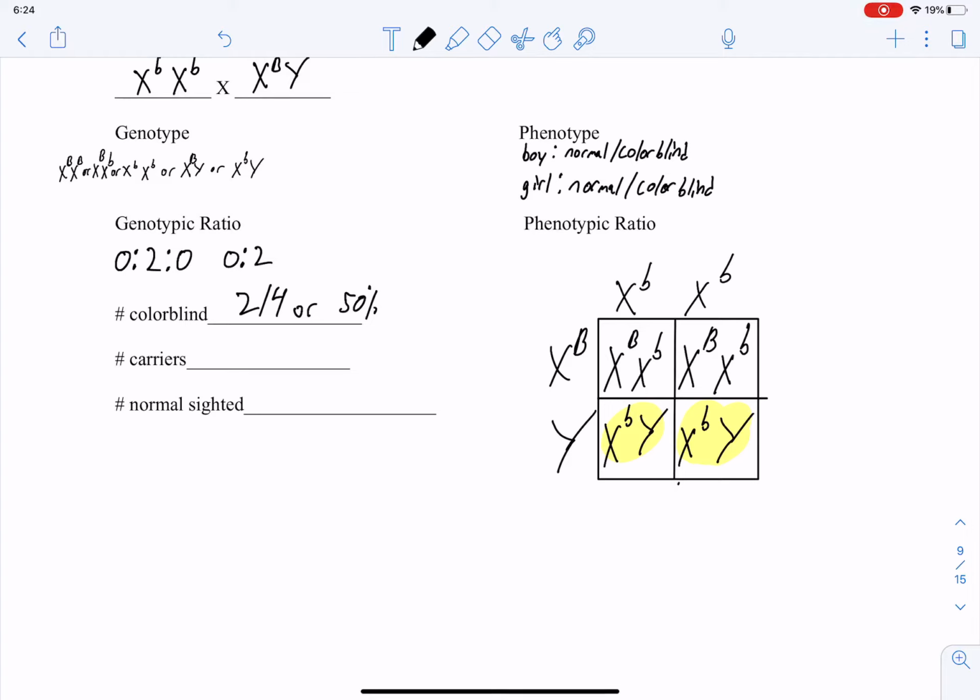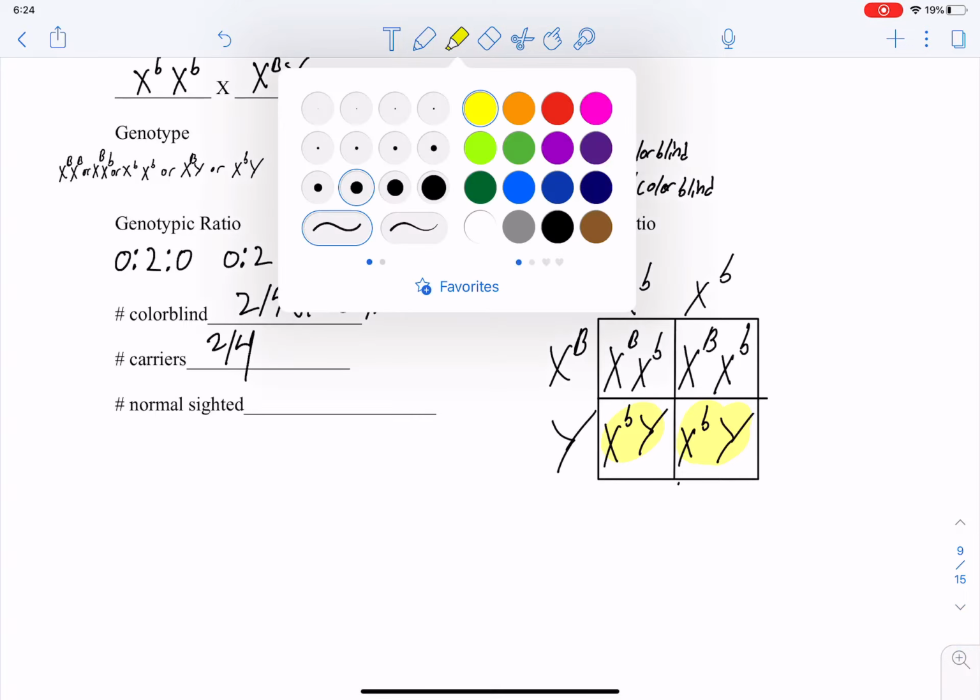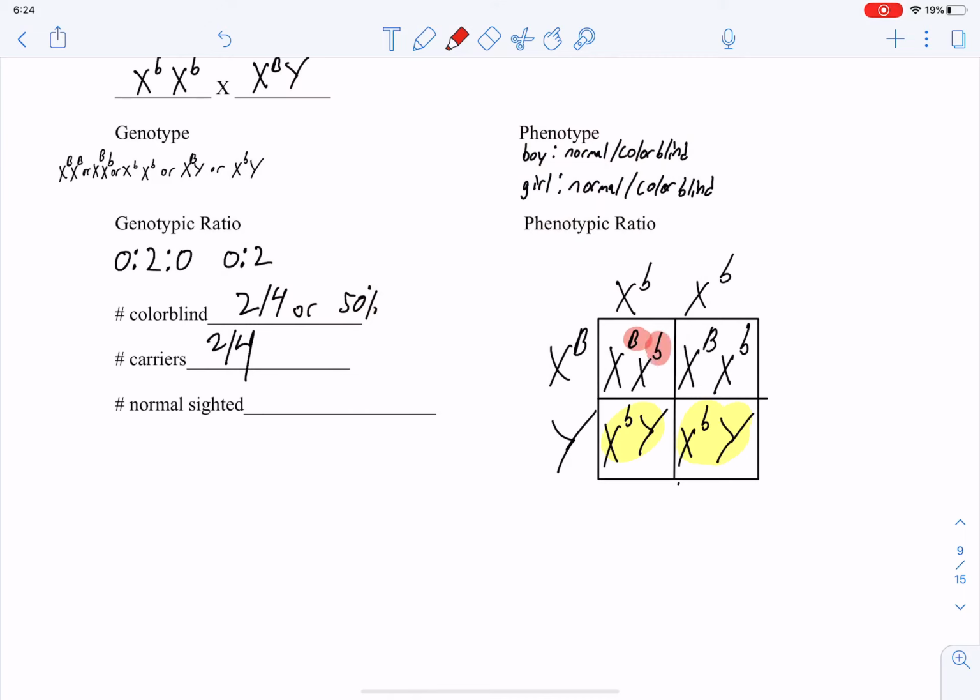The number of carriers, again, so we need to be heterozygous for dominant and recessive. So we have 2 for this. All right, carrier. And then normal-sighted, carriers are still normal-sighted, but actually we would consider them in this. So this would also be 2 out of 4, or 50%.